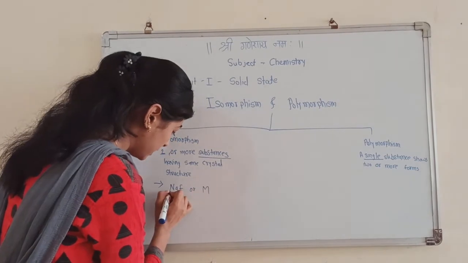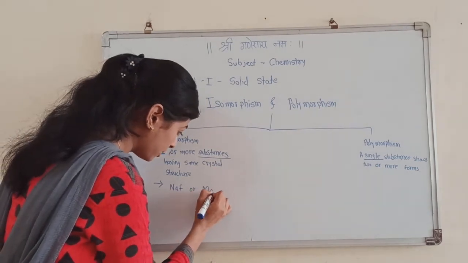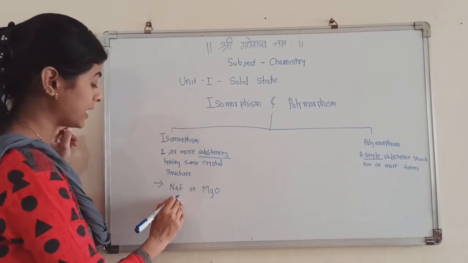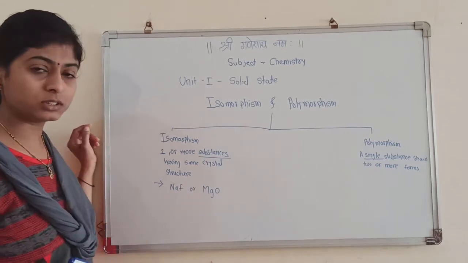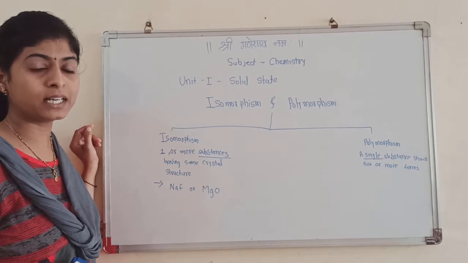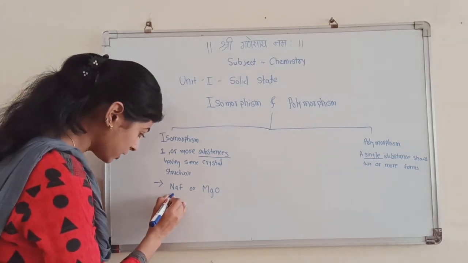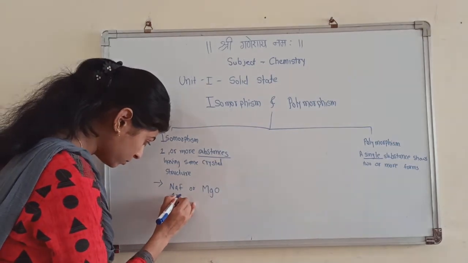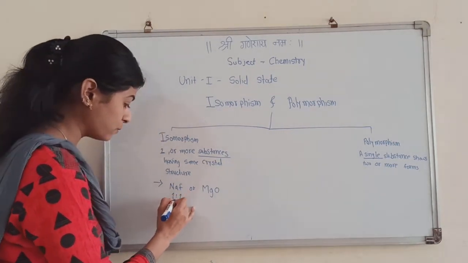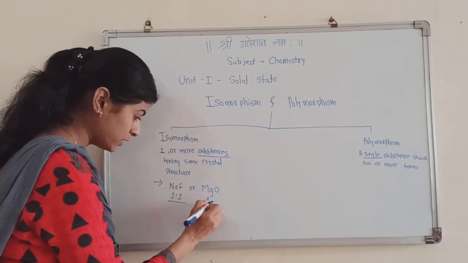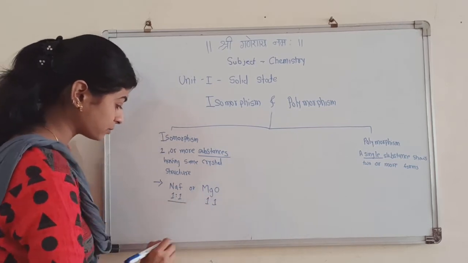Example, sodium fluoride or magnesium oxide. The other point is they have the same chemical combination having the same ratio. Here the Na and F are in the ratio 1:1, and here also 1:1.